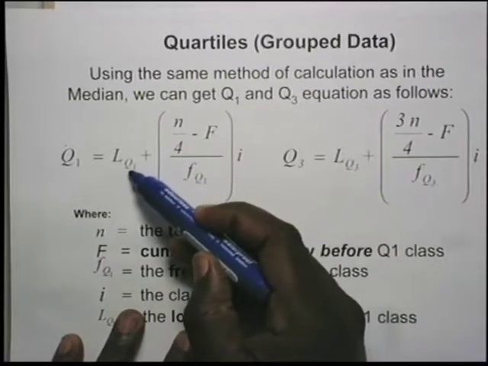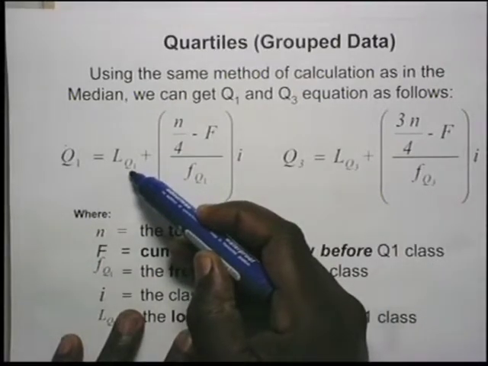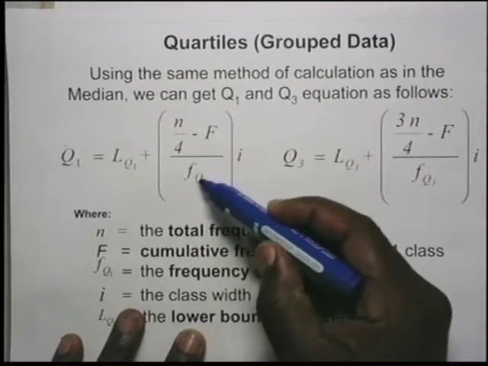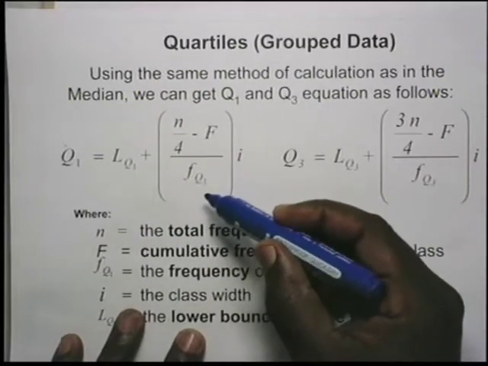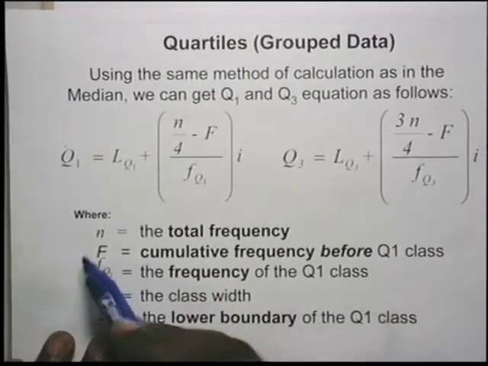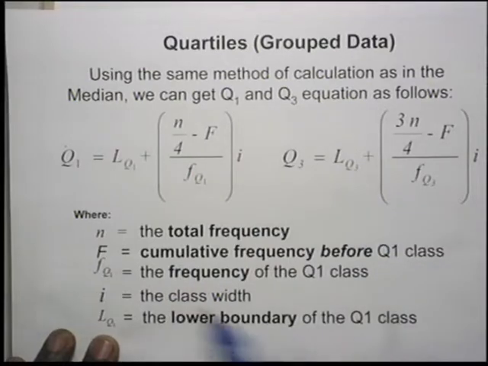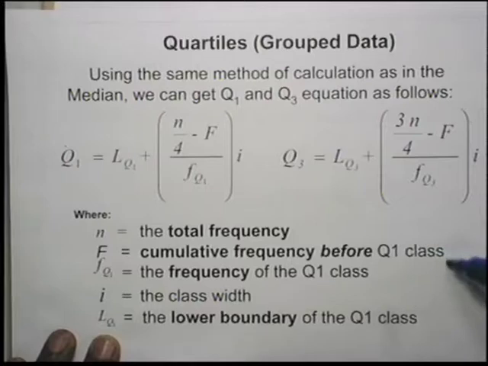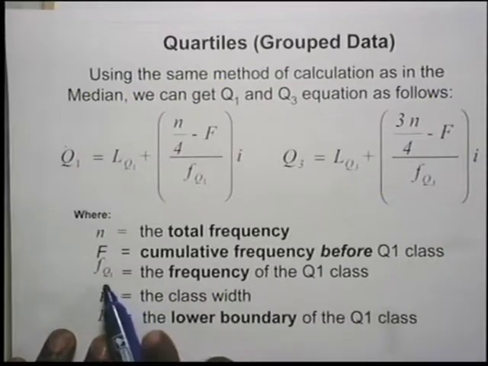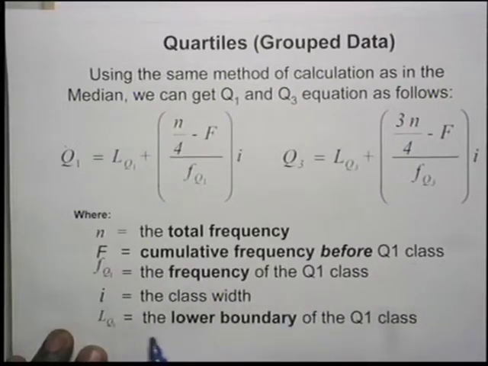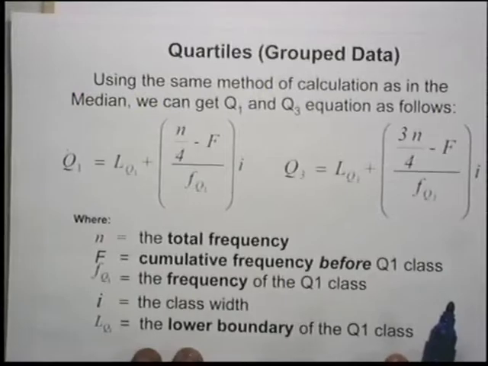Where we have Q1 here, initially we had an M, if you remember, and where we have FQ1, initially we had FM. Now, this N stands for the total frequency as in the past. F, the cumulative frequency before the first quartile class. FQ1, the frequency of the first quartile class. And I, the class width, with LQ1, the lower boundary of the quartile class.